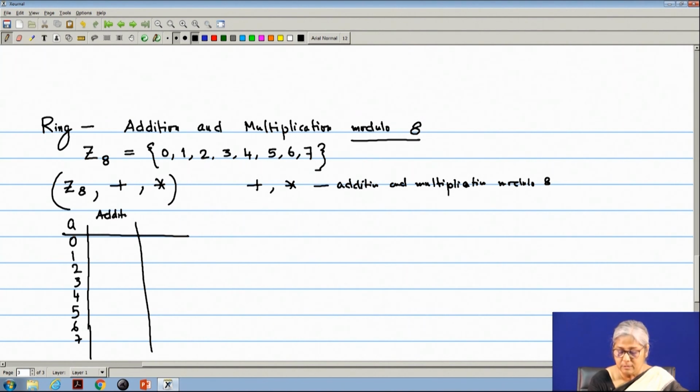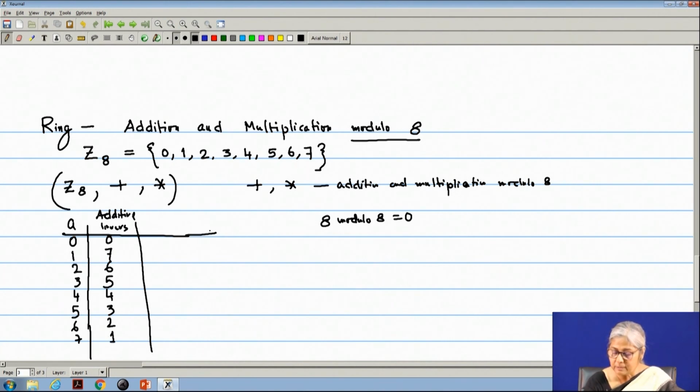The additive inverse for 0 is 0, because the additive identity is 0. This is 7, this is 6, 5, since modulo 8 the sum is 0. So this is 4, 3, 2, 1.